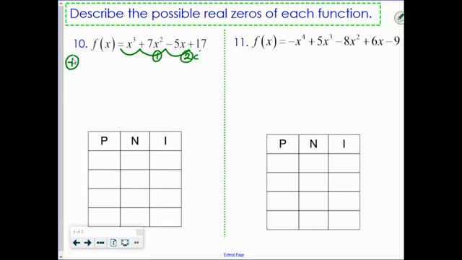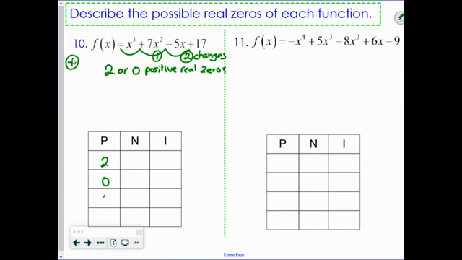So I had 2 changes, which means I have 2. Can I get less than? Can I reduce that by 2? Yes, 2 or 0 positive real zeros.